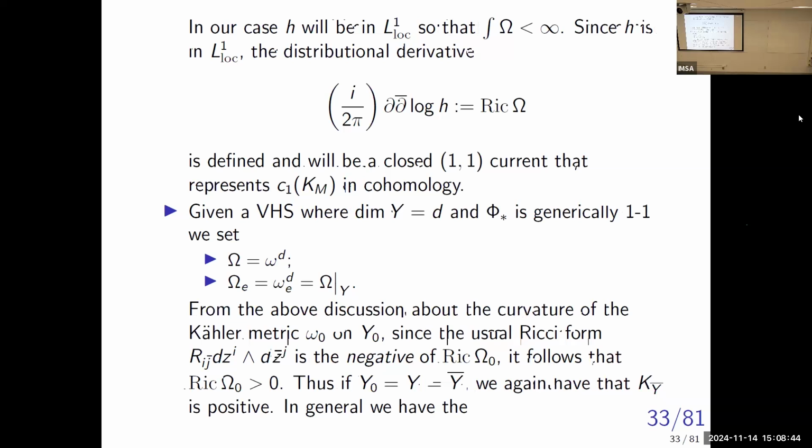So given a variation of Hodge structure with a d-dimensional parameter space, and where the Hodge structures generically vary non-trivially, the differential of the period map is injective at a general point, then you have a volume form, and you have the canonical extension. So the volume form, omega, is the first Chern form of that line bundle. That's the tensor product over all the p's of the determinants of the F^p's raised to the power p.